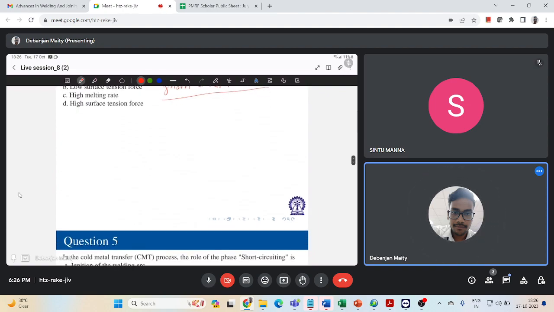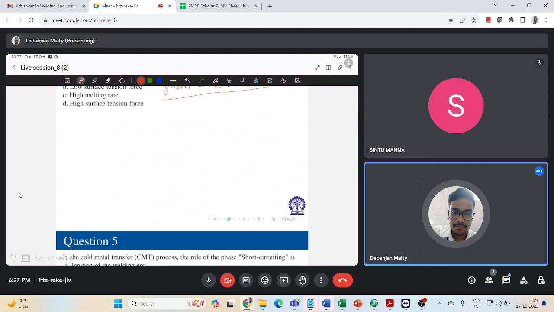So basically, initially the liquid drop at the tip of the electrode gets in contact with the weld pool, making it momentarily short circuited, and then due to opposing forces like surface tension and electromagnetic force, the drop is pulled into the weld pool, and then your contact is getting broken, which again re-establishes the arc. That's how short circuit metal transfer happens.